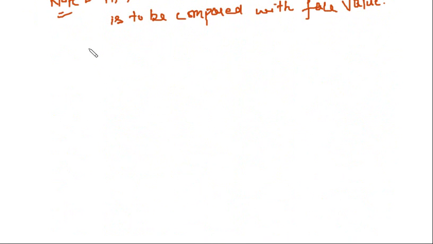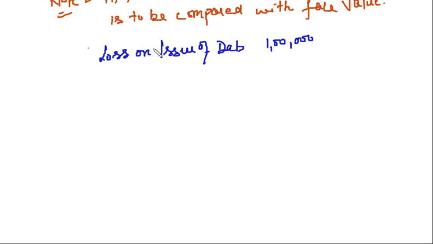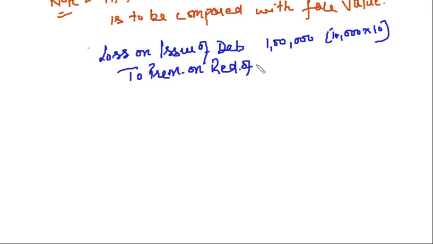So what is the entry for that we just discussed? Loss on issue of debentures, this is 1 lakh, 10,000 into 10 rupees, to premium on redemption of debentures. How much? 1 lakh rupees.